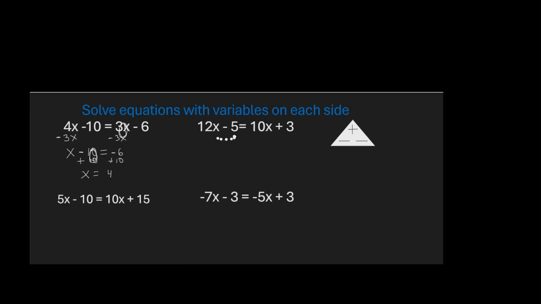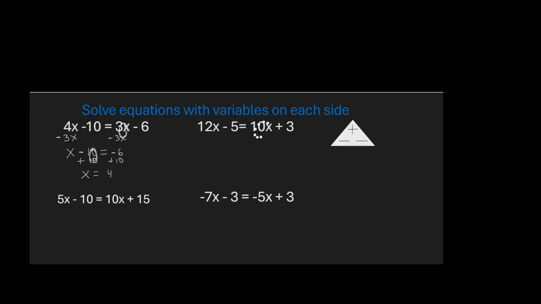Well, let's do the next one. For the next one, one more time, we need x to be by itself. And we have to get rid of, in this case, either 10x or 12x. You get to pick. I want to get rid of this 10x.